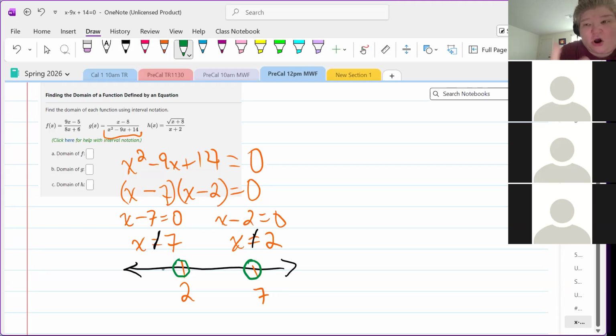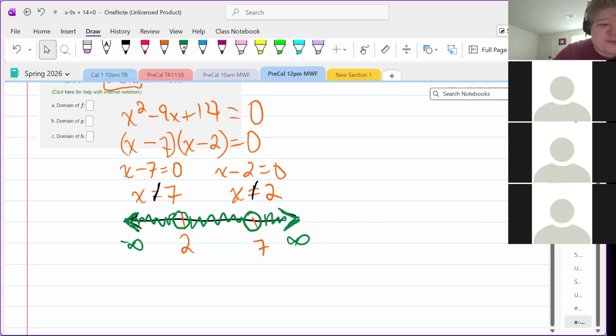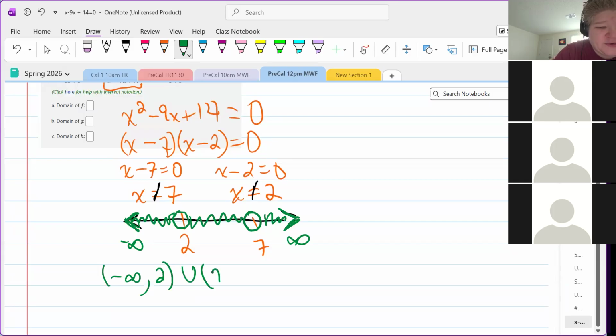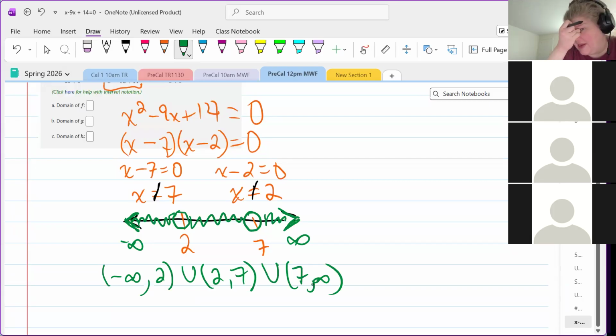So the values that are part of this domain are everything before 2 down to negative infinity, everything between 2 and 7, and everything after 7 up to infinity. So this domain has 3 intervals: from negative infinity to 2, from 2 to 7, and from 7 to infinity. So that's just how to answer that one for WebWork.